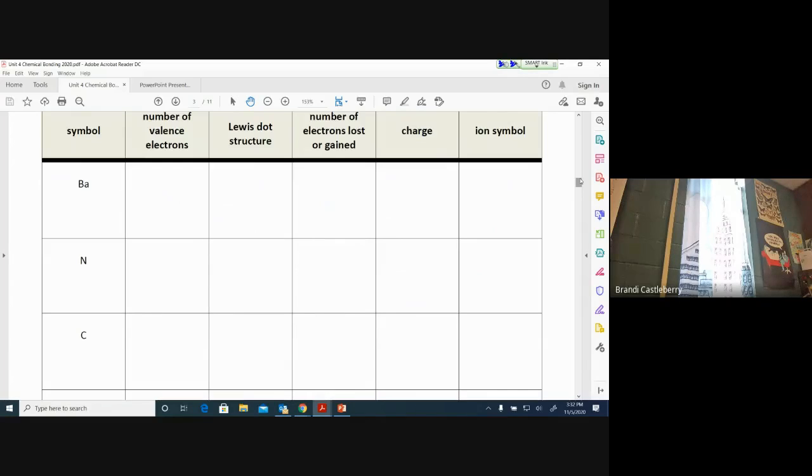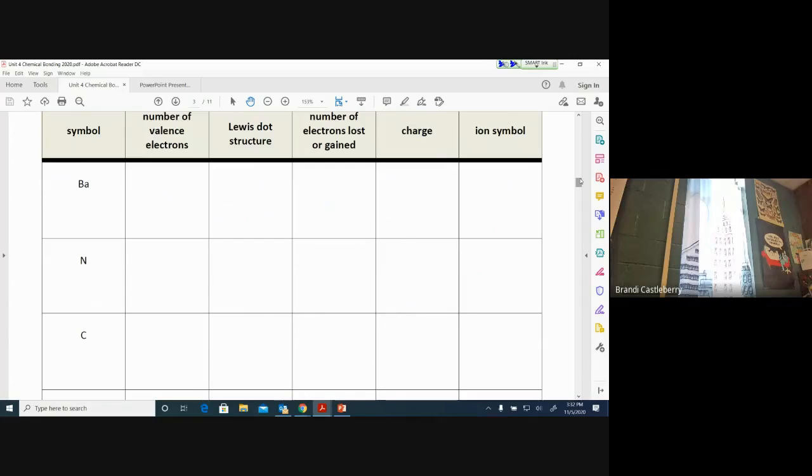Find barium. Barium is Ba. Are y'all looking at barium? I've said it now 5 times. Find barium. Where is it? Point to it.